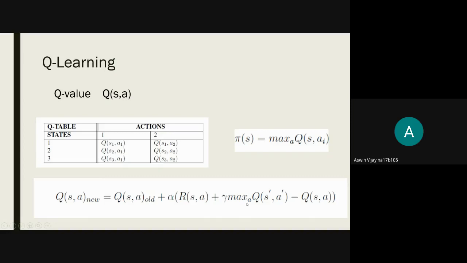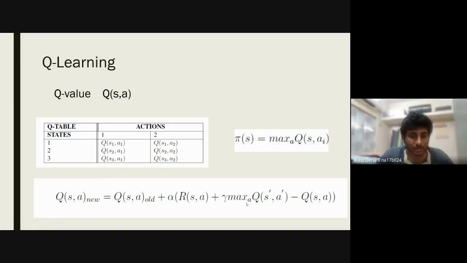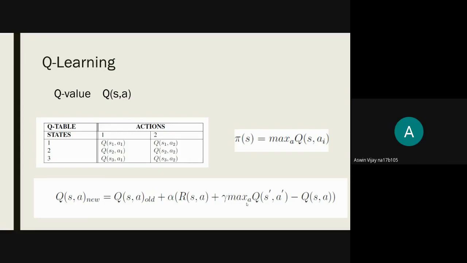So A is the action. You have multiple actions, right? For each of the actions you get a Q value, and you choose the action for which you get the maximum Q value, and that action will be the optimal action in that transition.